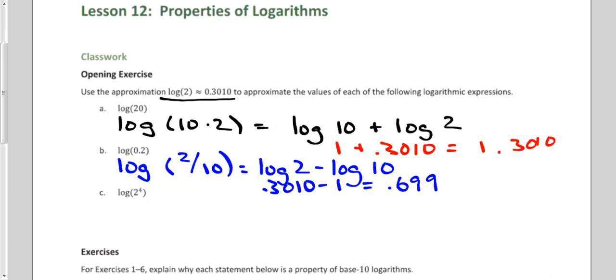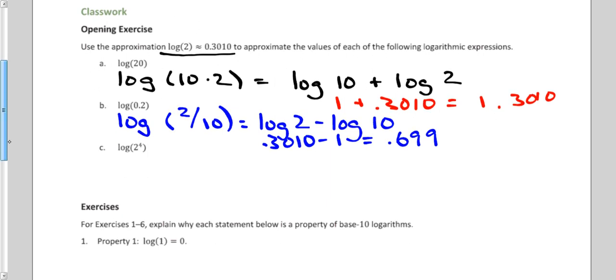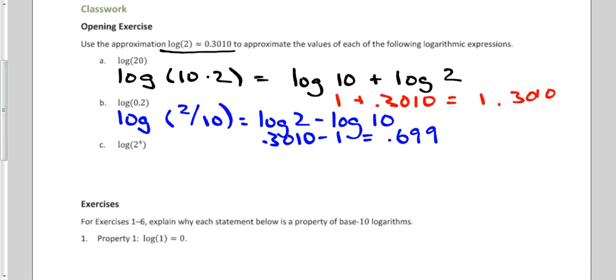So if I'm doing log base 10 of 2 plus itself 4 times, what should I write? Four times log base 10 of 2. Would everybody agree that that's log base 10 of 2 plus log base 10 of 2 plus log base 10 of 2 plus log base 10 of 2?